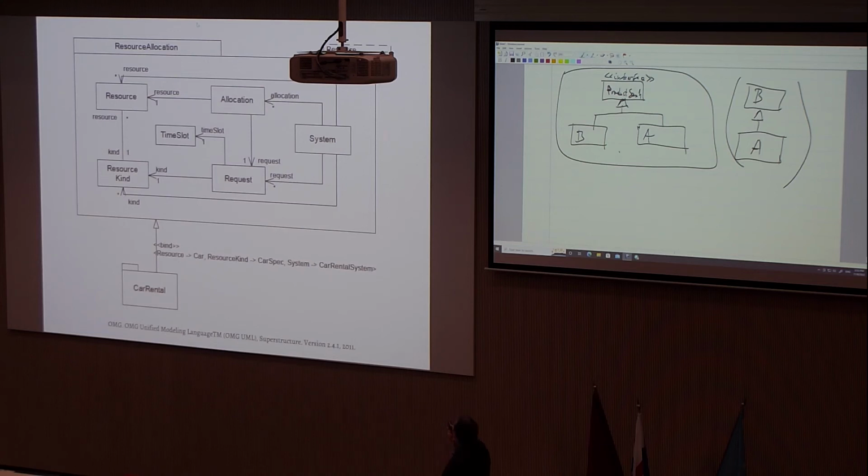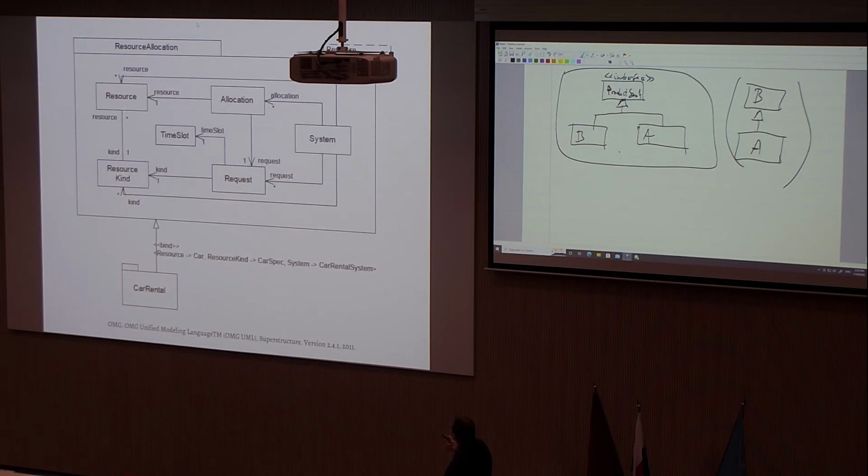So here, our parameters are all classes expected, like resource kind, system. Not that integer kind of parameter, a simple parameter, but all classes that we will support here to this mechanism of resource allocation. So this is a resource allocation which defines how resources are allocated, in what time slots there is a request, there is a system, and so on, and resource kind, and system.